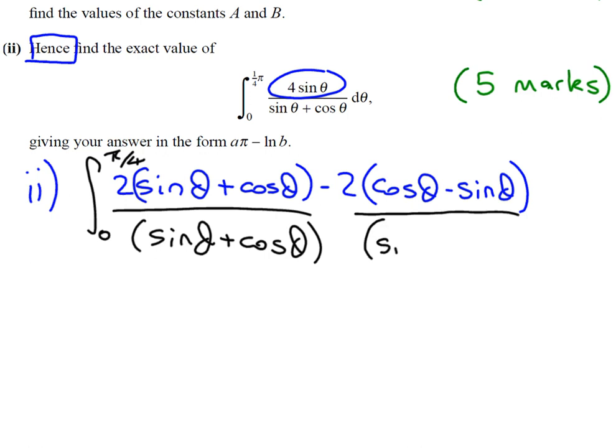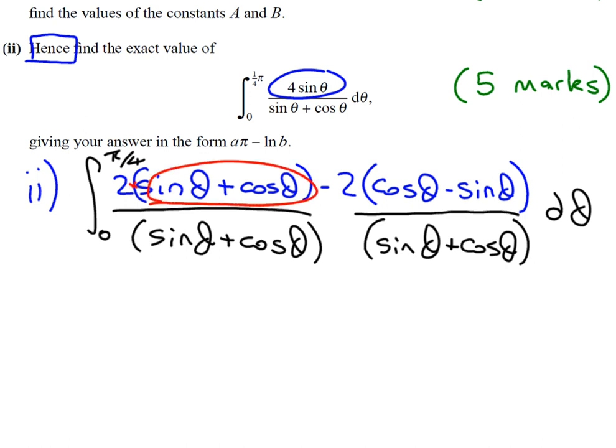All this stuff is going to simplify quite substantially. And we're integrating with respect to theta, which is obviously very important. So before we integrate, let's just carry out our simple division. You've got 2 lots of that divided by the same thing, so obviously they're going to cancel out.